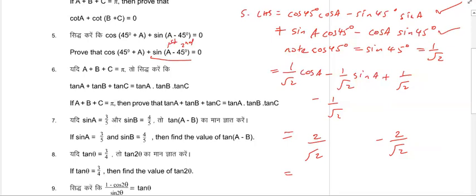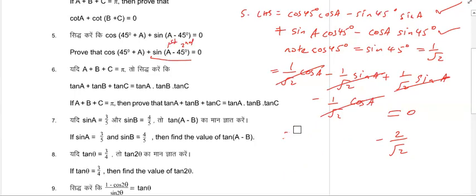Now this is correct. 1 over root 2 sine a minus 1 over root 2 cos a. These two cancel out and those two cancel out. So the answer is 0. There's no need for this.